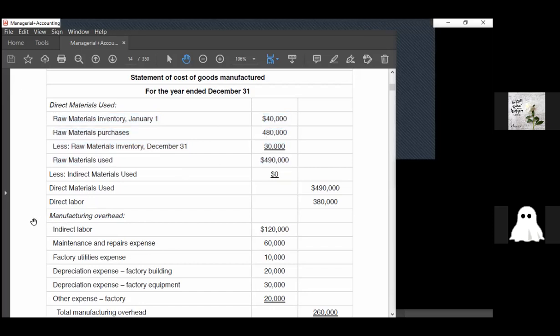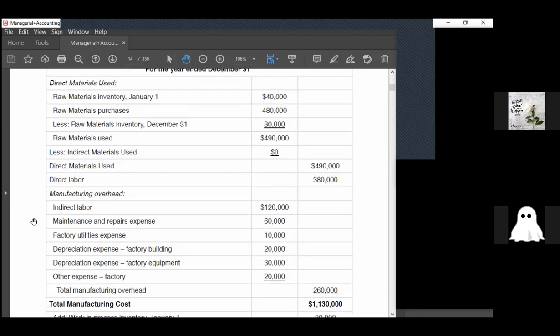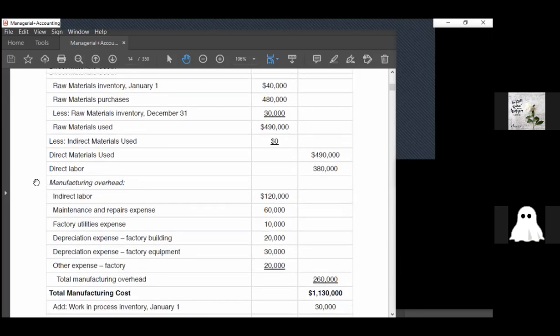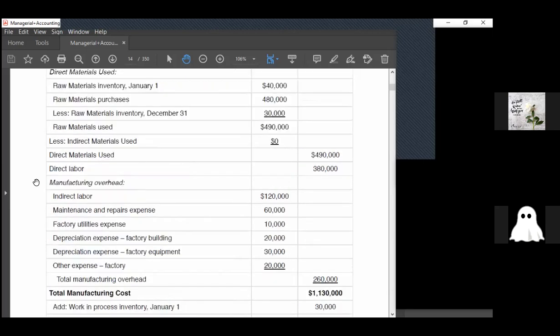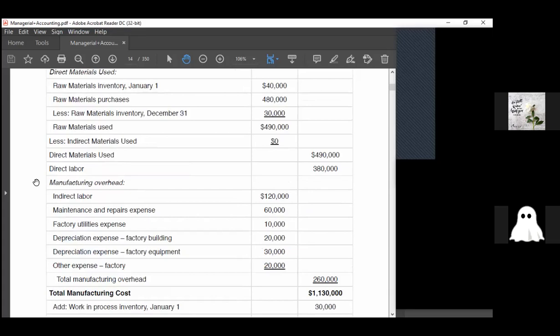So once you've calculated the direct material and direct labor, then we come to manufacturing overheads. As mentioned during the start of the lecture, everything that is spent on manufacturing but is not a part of your direct labor or direct material is a part of your manufacturing overhead.